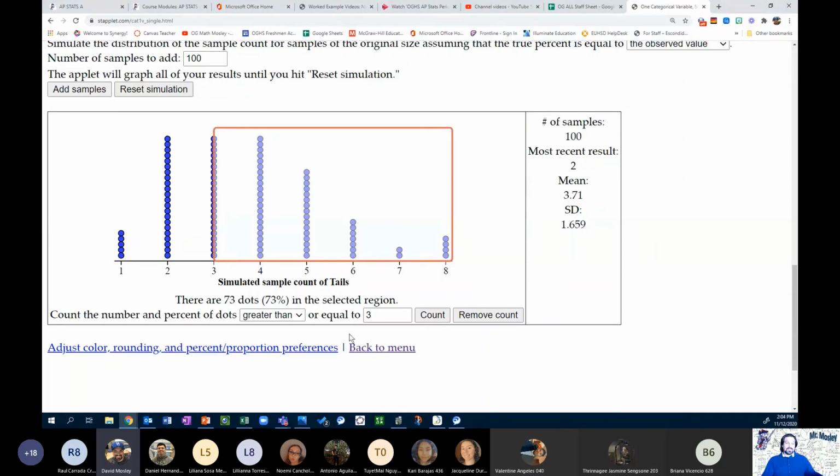Now, there's a pretty high percentage, but that also makes sense because the probability says out of 10 flips, I should get about 4, right? That's what it should over time be. Every 10, I should get 4. So this is saying the chances of getting 3 or more are pretty high because that's better than the probability, right? If I were to change this to 4, right?